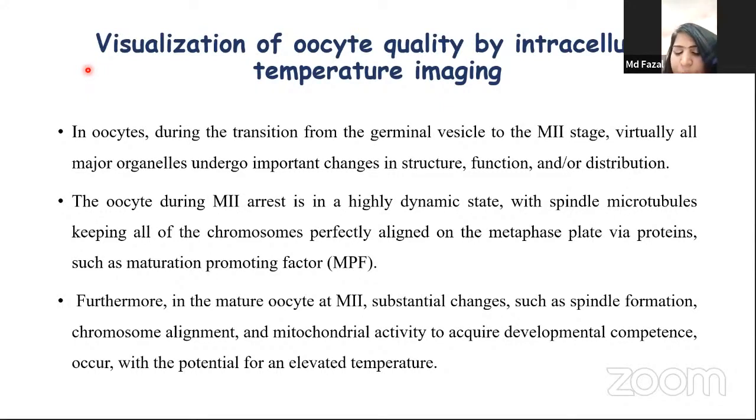Furthermore, in the mature oocyte at M2, substantial changes such as spindle formation, chromosome alignment and mitochondrial activity all happen at the stage of M2 metaphase. Mitochondrial activity to acquire developmental competence occurs as a potential. All this will help in increasing the temperature of the cell. So once, next slide.